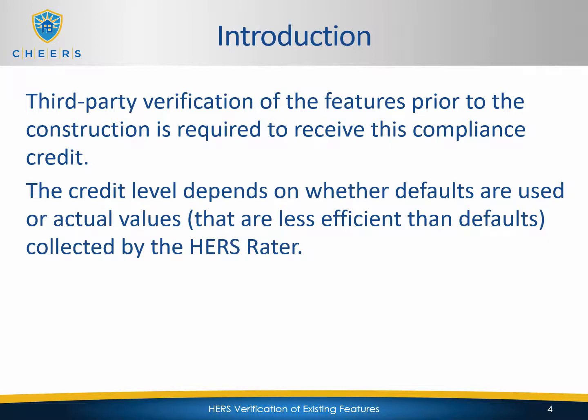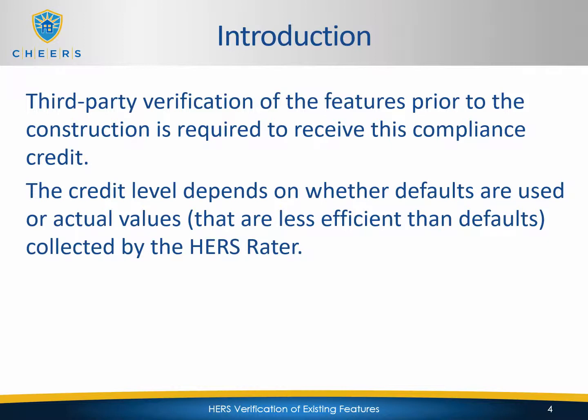So what happens here is the Title 24 consultant that is going to be modeling this project finds out from the general contractor or the homeowner that various values for features of the home are less efficient than the defaults that exist in the tables that the Title 24 consultant would generally use to model those: insulation values, window values, things along that nature.